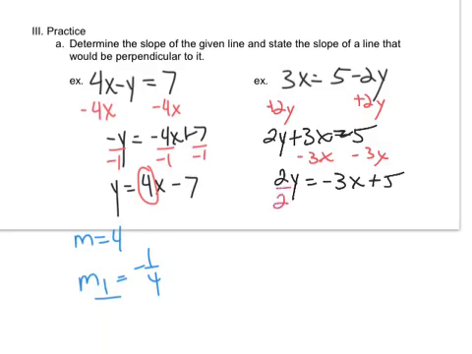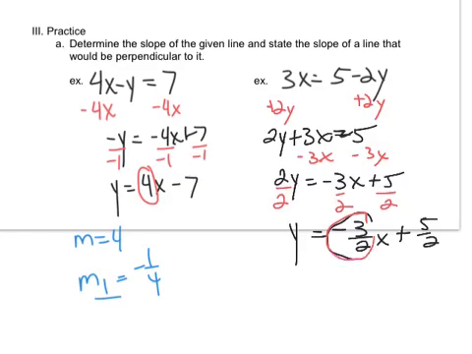Finally, I divide by 2. And I get y is equal to negative 3/2 x plus 5/2. Don't really care about the 5/2. All I care about is the slope, which is, I'm going to make that red, the coefficient in front of the x value. So the original slope is negative 3/2. The perpendicular slope is positive 2/3.